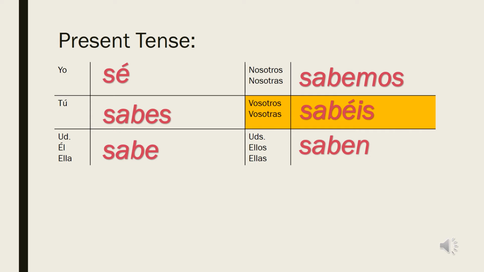So in the yo form, we have an irregularity, just like with conocer. So a couple of things with this. You have to use the accent mark. If you don't use the accent mark, it's a different word. So you're going to lose points on this if you forget to put the accent mark on.